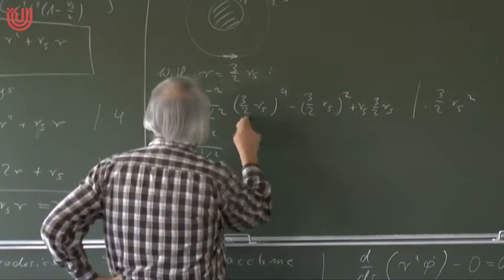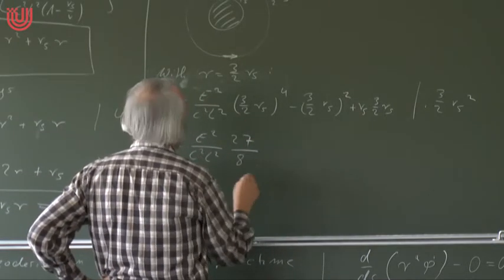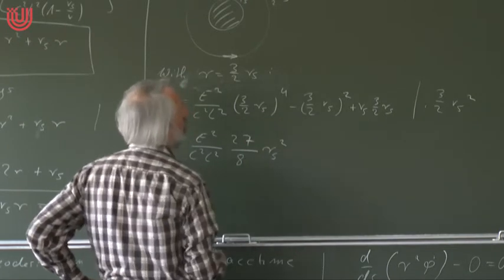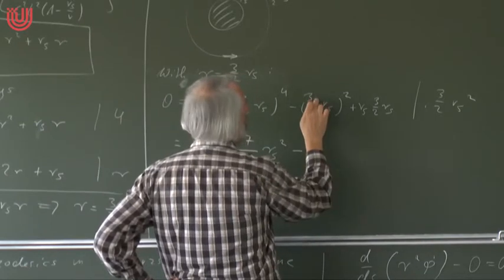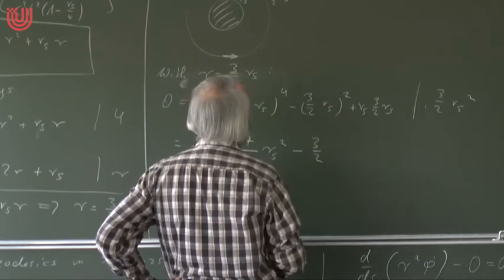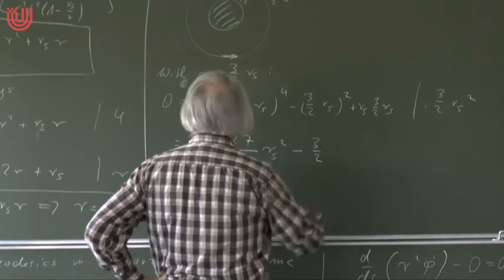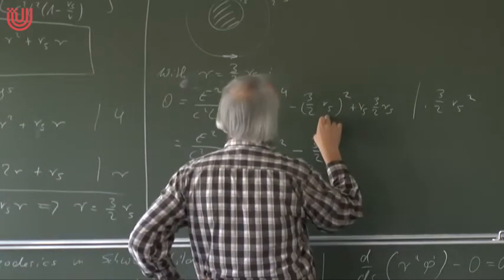Okay. 2 to the power 3 is 8, and I've divided by rs squared, so I have rs squared left. And here I have minus, I've divided by 3/2, so I have only 1 3/2. I think it's correct. 3/2.